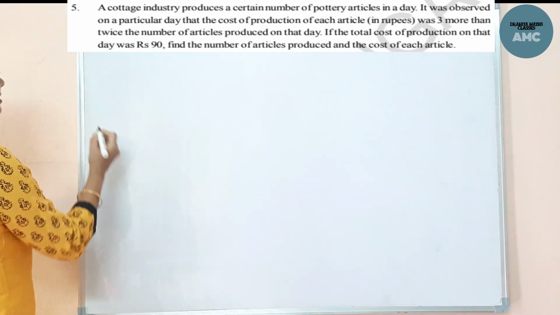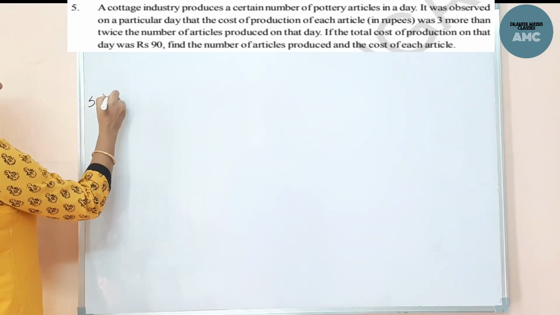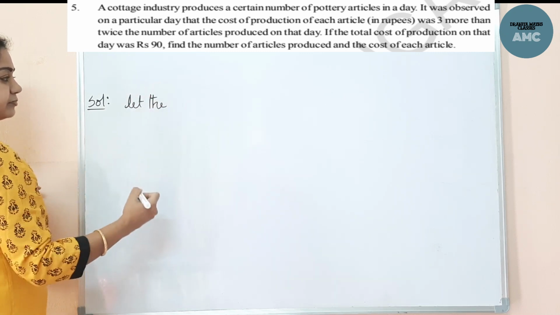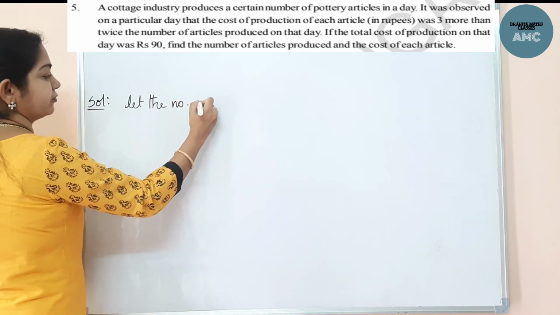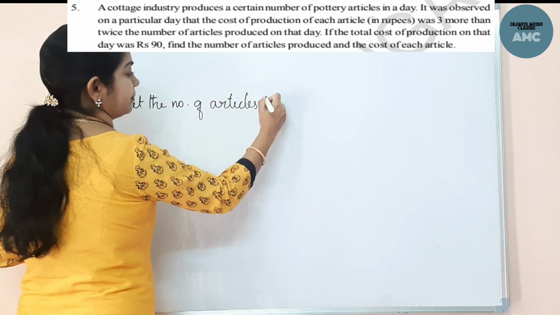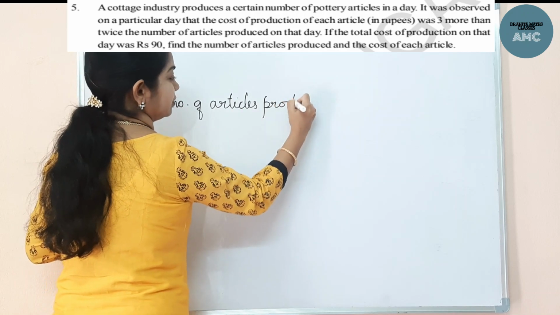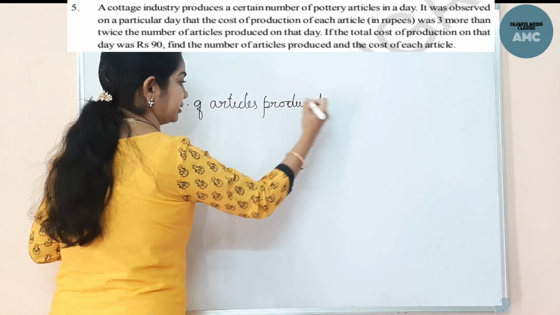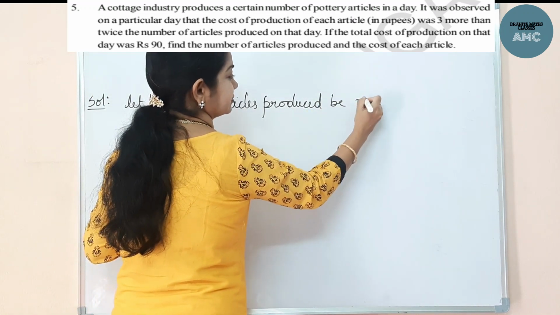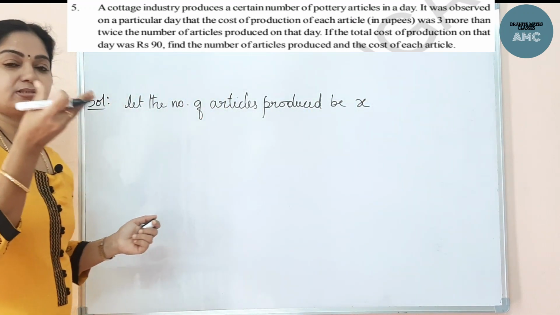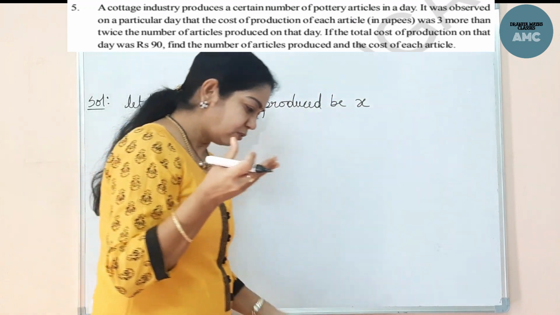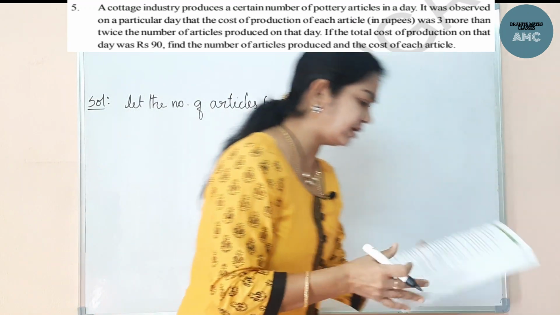Now we'll suppose, let the number of articles produced be x. What are the articles here? The pottery articles. I am supposing it as x. Again, what is the condition given here?